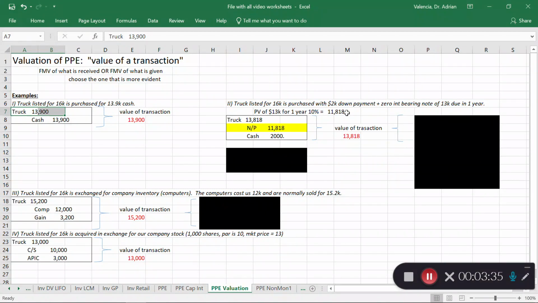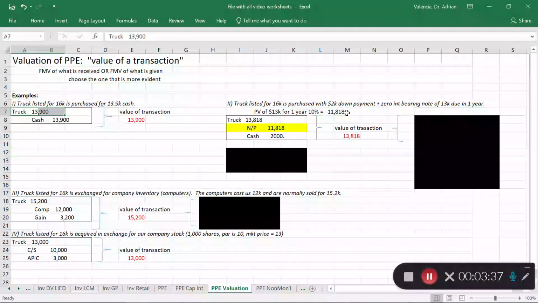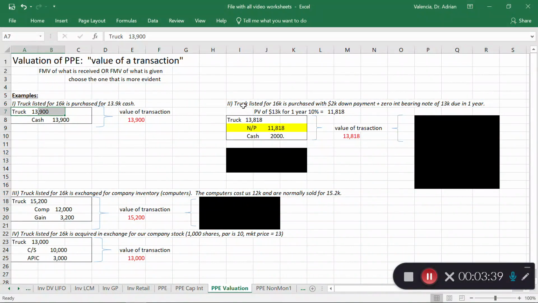Okay, so why is that important? Because in this case, again, even though the truck is listed for $16,000, the value of the exchange is going to be based not on what is received, but instead of what is given. And what is given is cash of $2,000. Okay, so that's clearly supported by fair market value of the actual cash itself, the note itself.